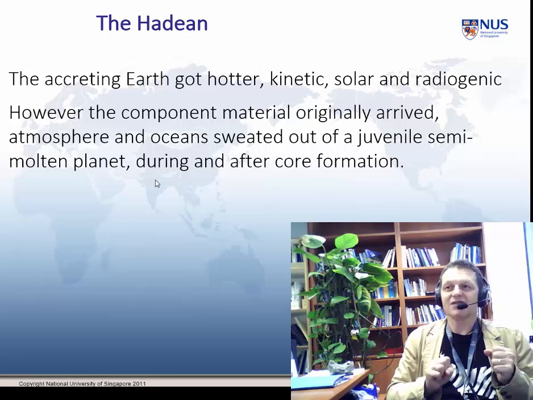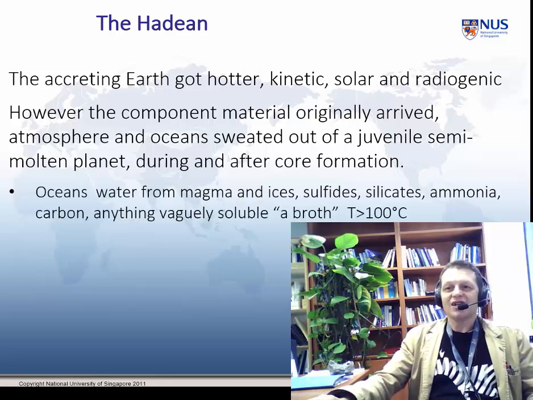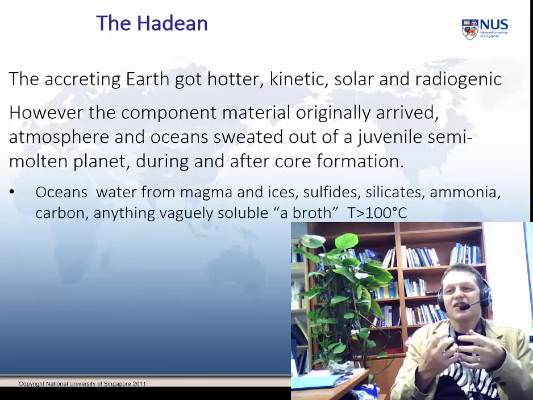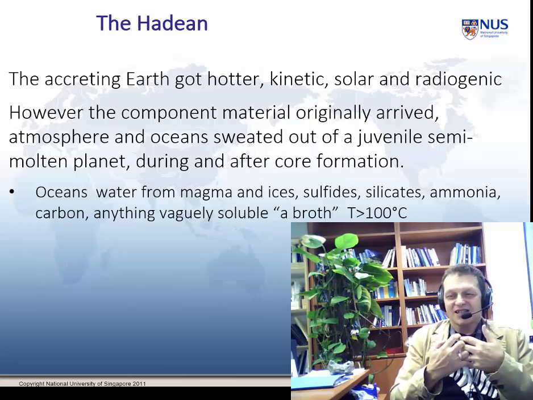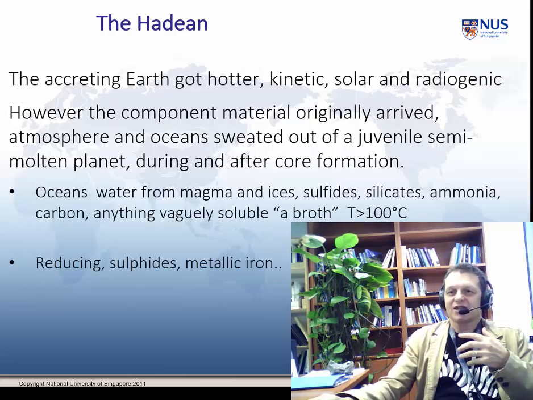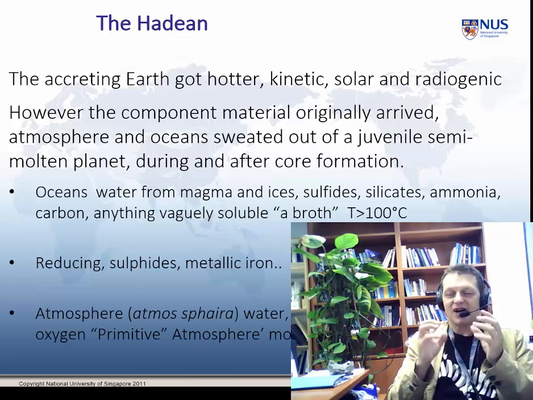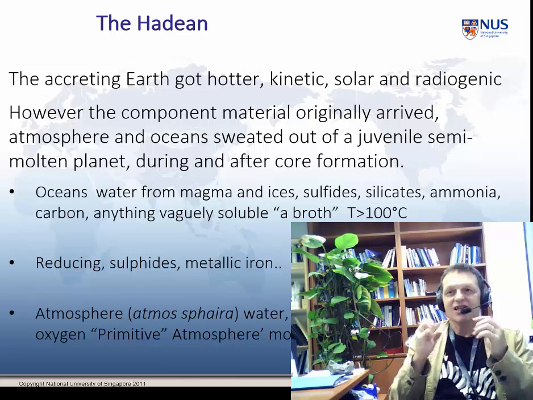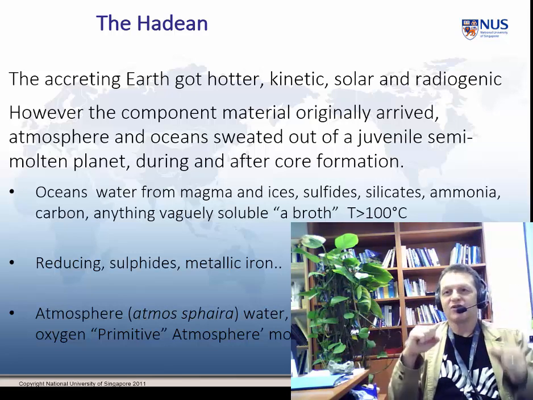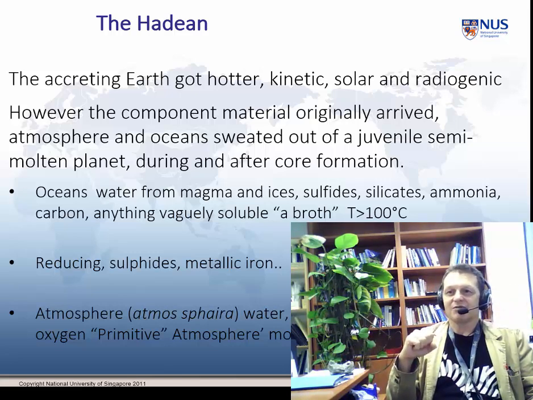You've got the melting event to give the core. You've got what was in the accreted body, the gases effectively being sweated out, waters, the ices and things will have melted and then worked their way out through the accreting planet, and various chemistry going on.